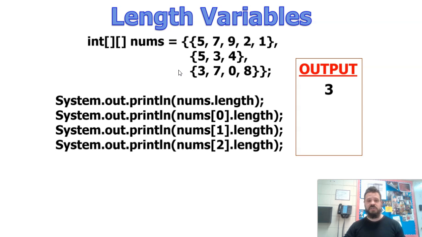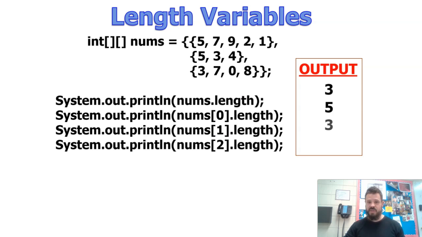And now the difference here is that each time I call the length variable of an individual row, since this is a jagged array, I'll get something different. Nums[0], as in the 0th row, dot length, will give me a 5 for the 5 elements in that first array.